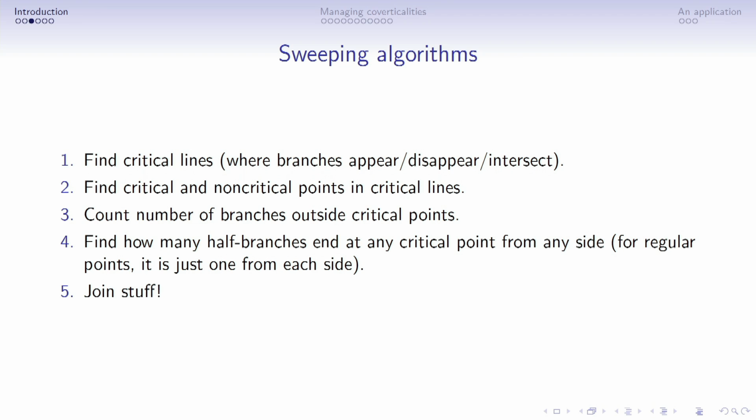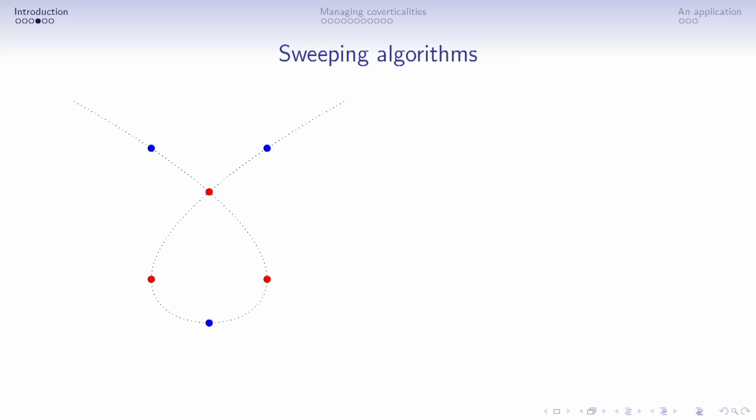So essentially, we have the vertical lines. I forgot to add a thing to this picture, which would be how many branches I have to the left of the leftmost critical line, and how many branches are in the middle. Maybe I can use the pointer here. So I have one branch to the left of this critical line, and three branches to the right of this critical line.